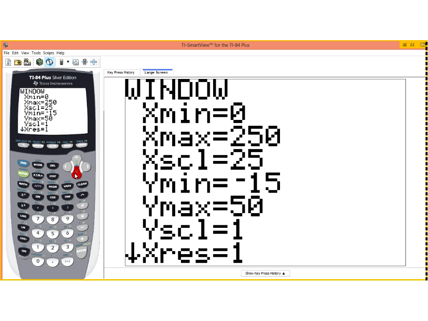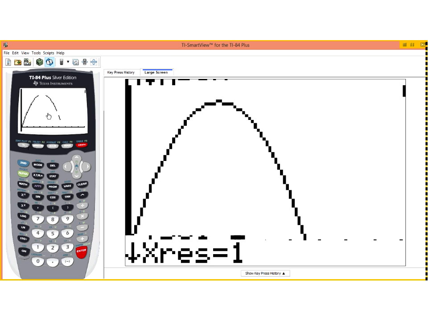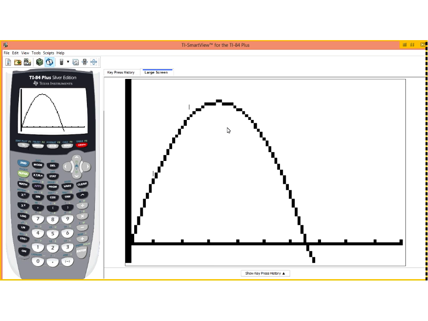So let's make it 150 for our y max. There's some science to figuring out your window, but a lot of it is guesswork and just playing around with it.